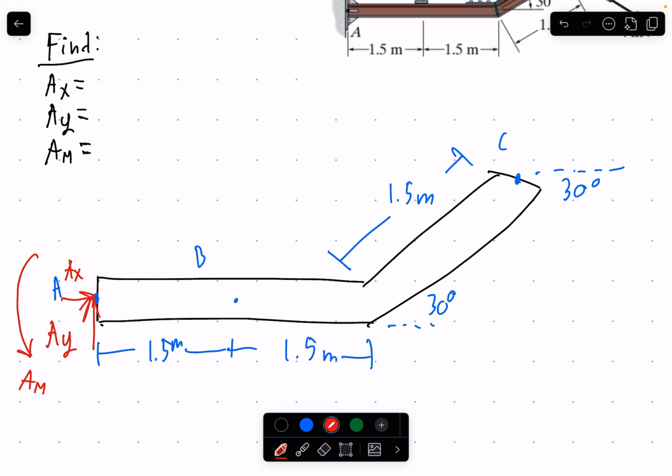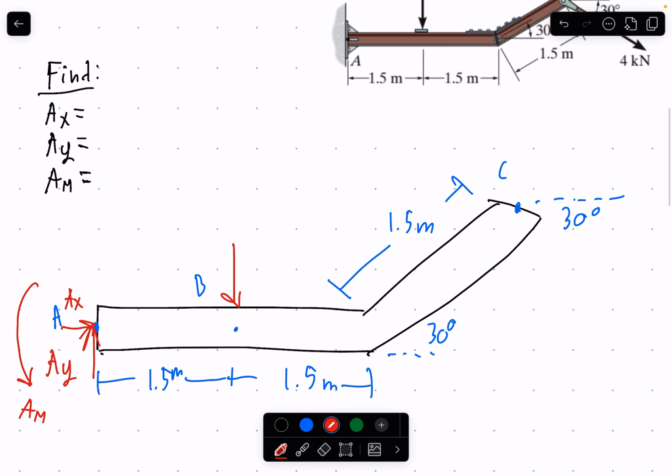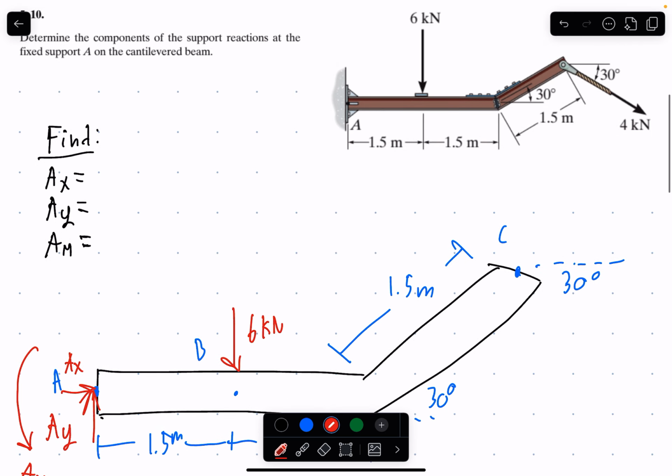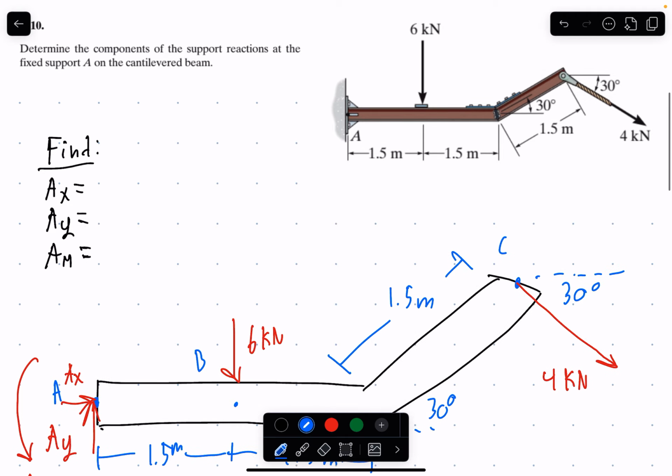At B, we have a 6 kilonewton point load. And at C, we have a 4 kilonewton point load as well.